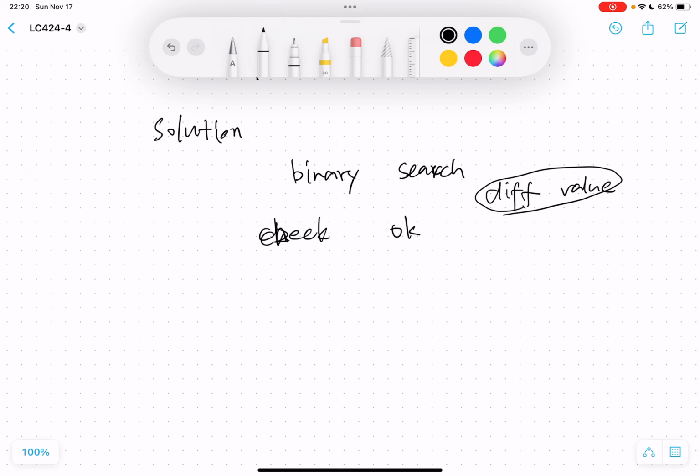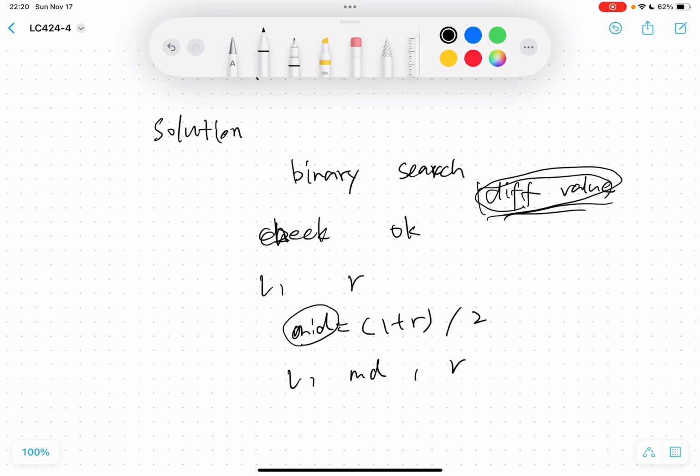But for this problem, if we have L and R, we can make mid equal L plus R divided by 2. If the mid can meet the requirement, we will know the correct answer should be in the left half interval.